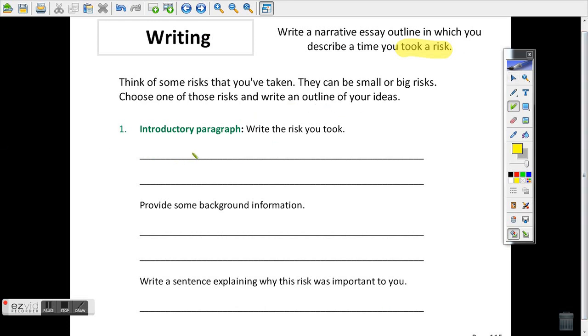For number 1, your introductory paragraph, write the risk that you took. Then provide some background information. And then write a sentence explaining why this risk is important to you. So that is basically your intro paragraph.